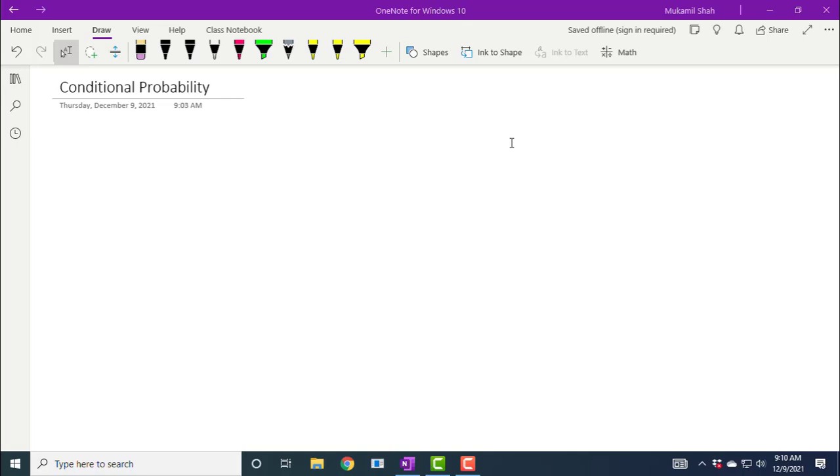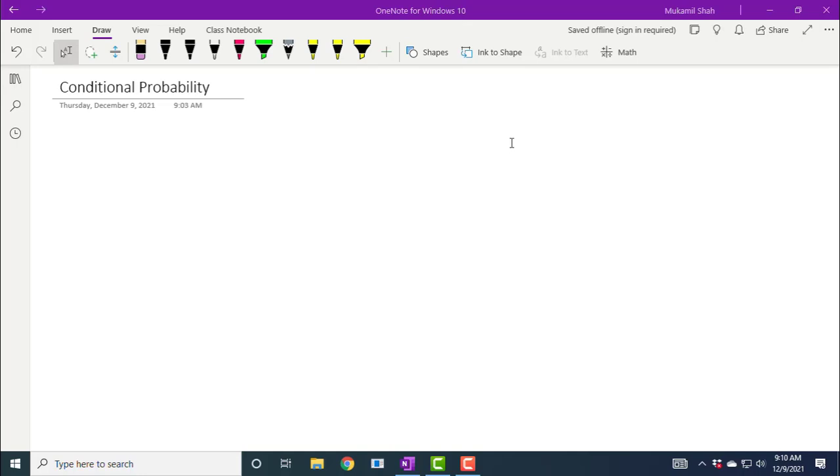In the light of such restrictions, if you want to find out the probability of 4, this is known as conditional probability. Definitely your probability changes from 1 over 6 to 1 over 3. In other words, we can say that the probability has been increased by 100%. Initially, the probability of getting a 4 was 1 over 6, but after imposition of the restriction, the probability has switched to 1 over 3. So this is what conditional probability is.